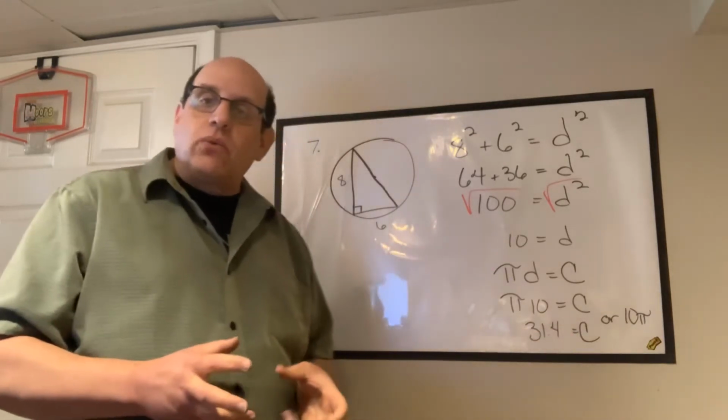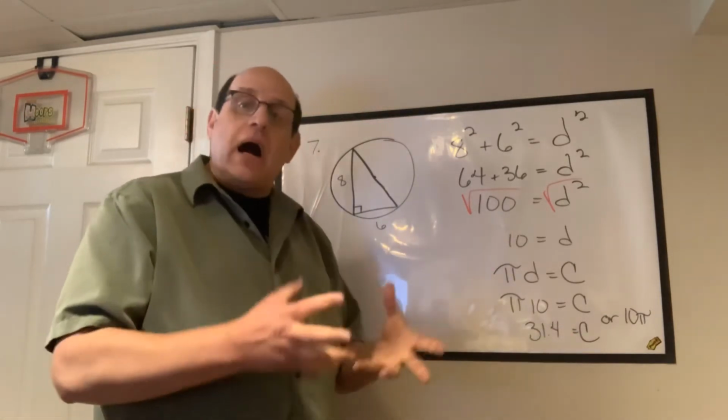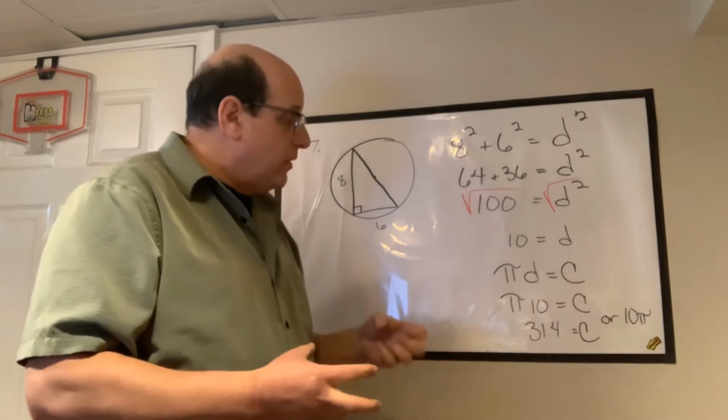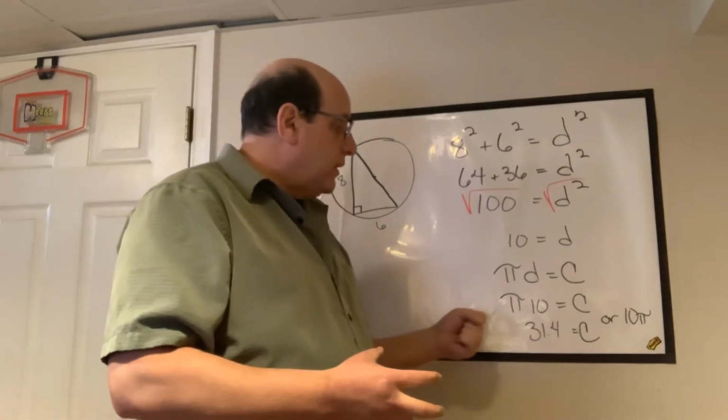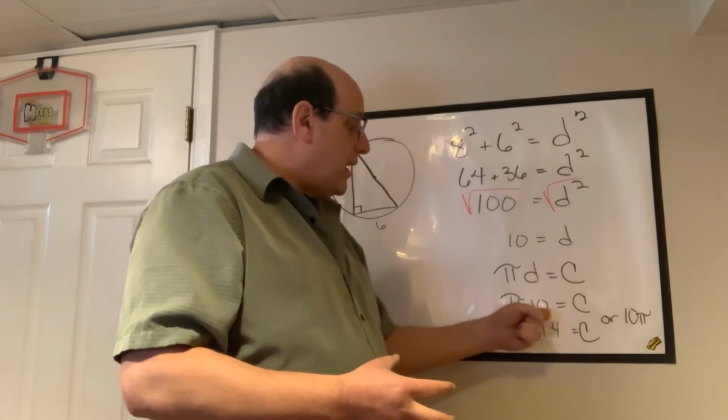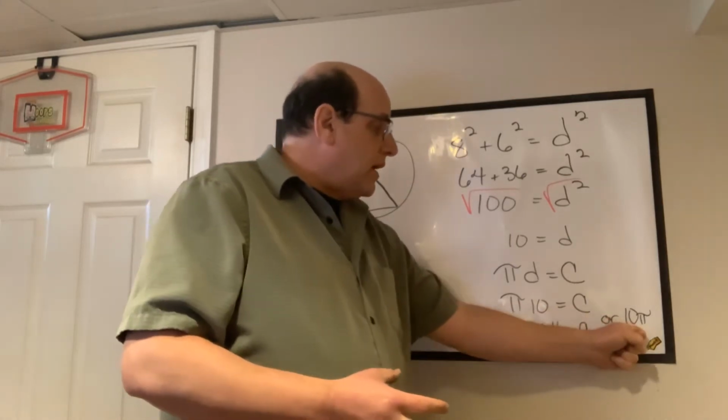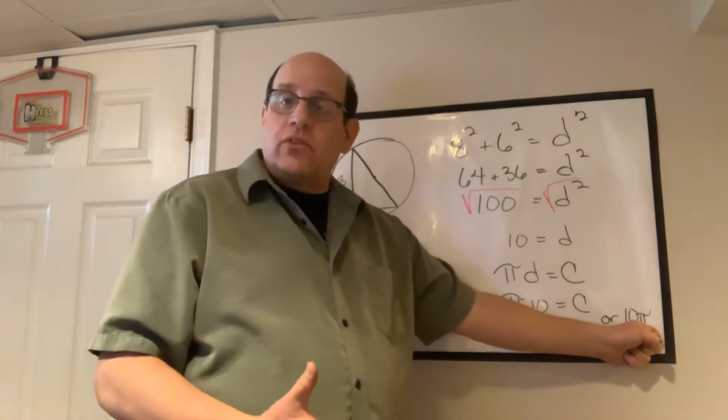There's also a way to write this in terms of pi. If you know that your diameter is 10, then 10 times pi is going to be your circumference.